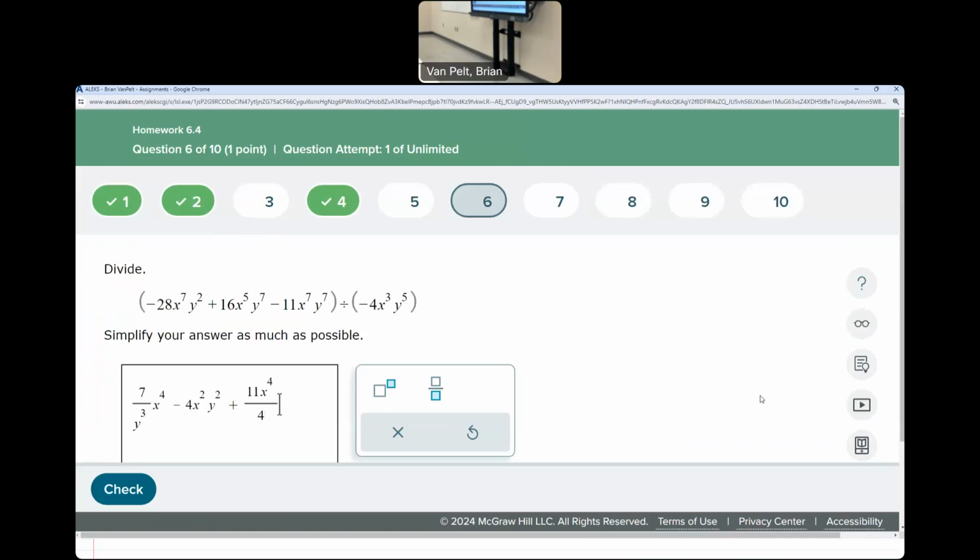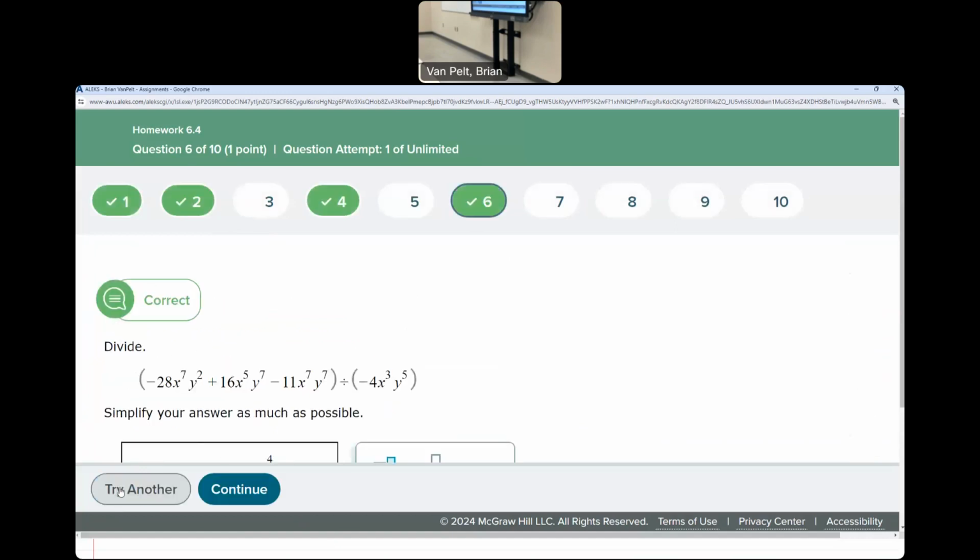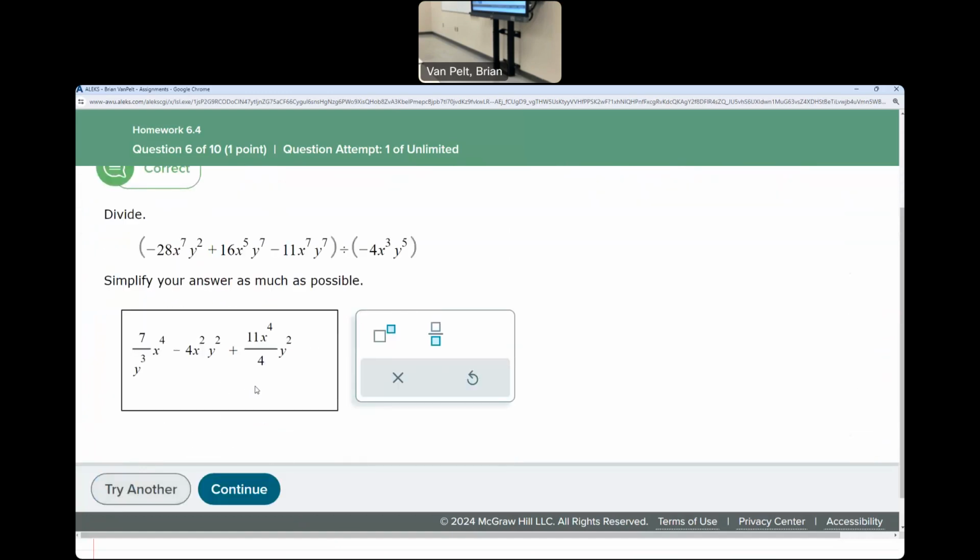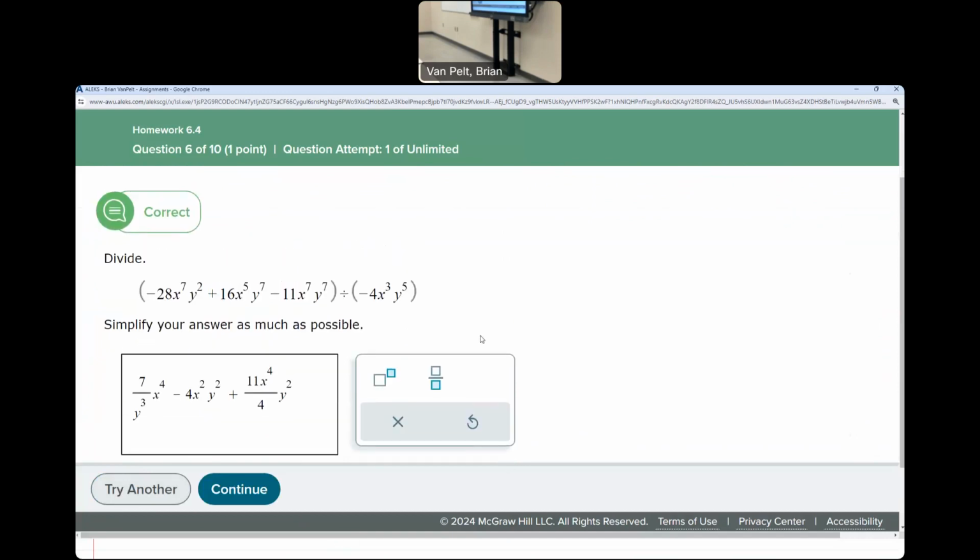I think one of you had a y squared all the way over there. This is actually right. There's nothing wrong with it. Let's check and see if Alex is capable of recognizing it. It did a good job. All right, let me go ahead and put it in and work it.